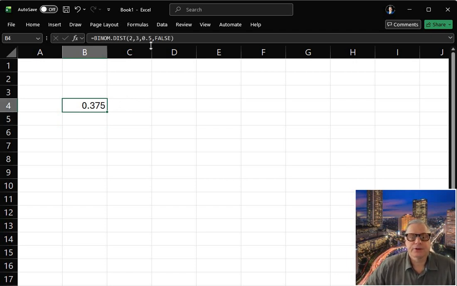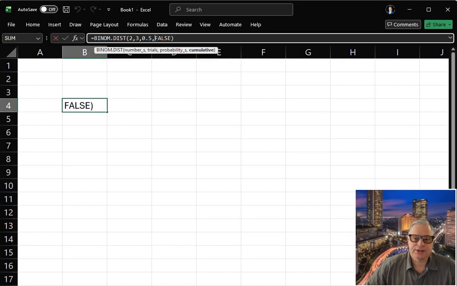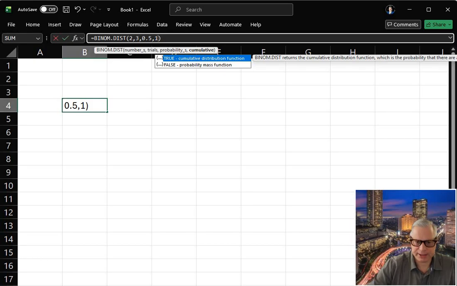But if I had said true or 1, then we should get 7/8. Because that's cumulatively the probability of getting no girl, 1 girl, or 2 girls. And you see, we have to sum it up because I said no girl, or 1 girl, or 2 girls, and you probably still remember the addition rule for such events.